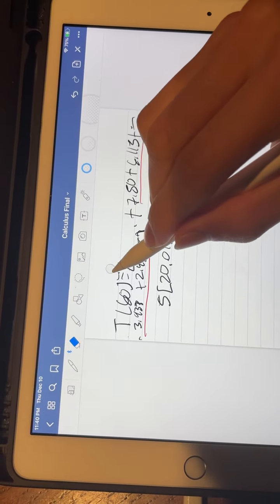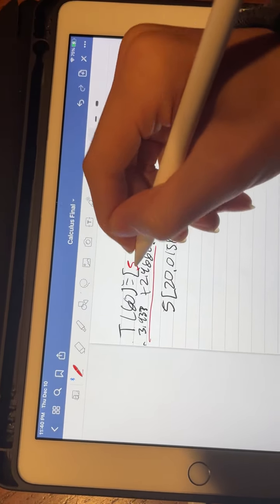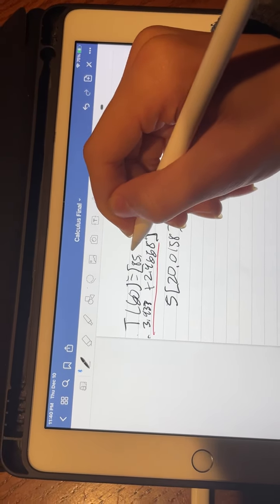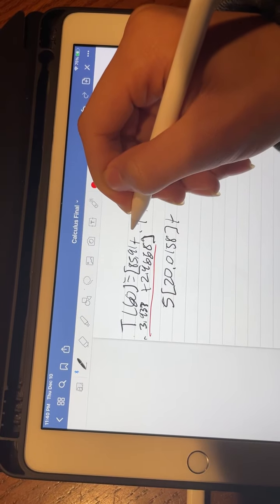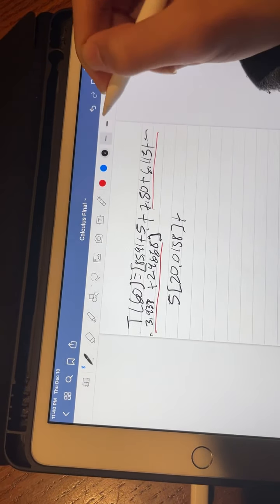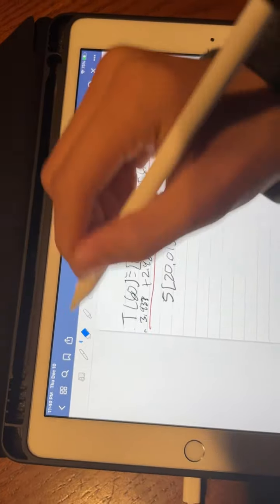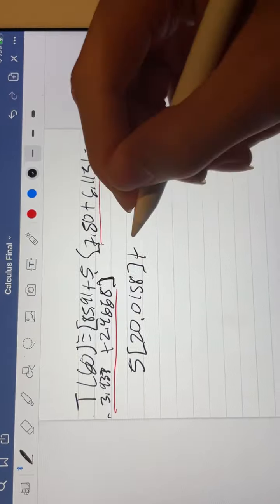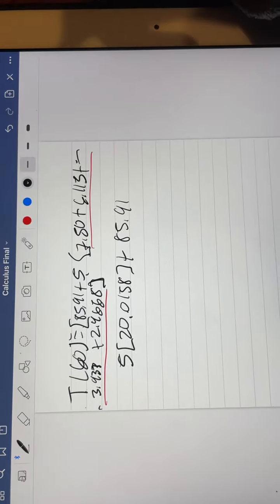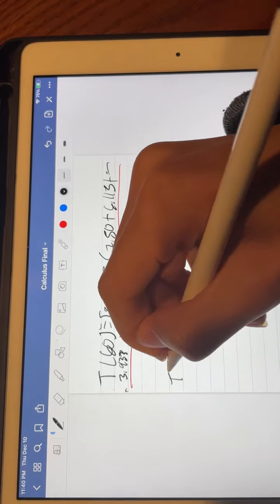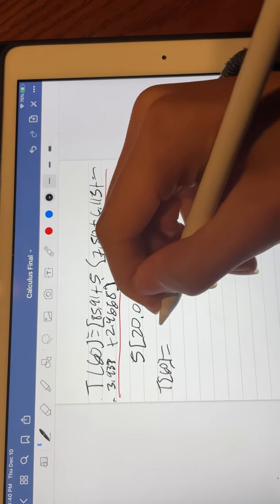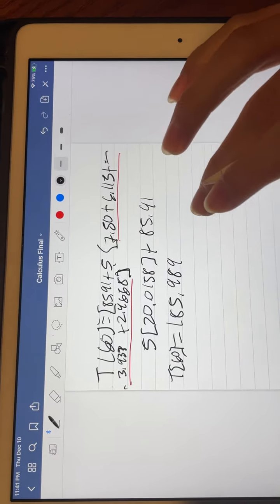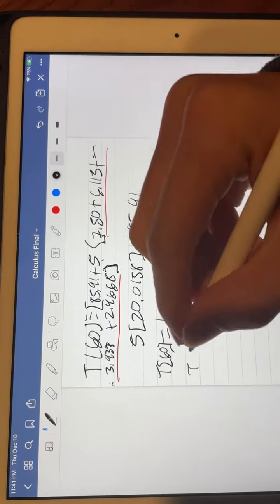So it'll be 85.91 plus 5 times all these guys. That way we just made it easier for ourselves. So then that'll be plus 85.91, which will get you to T60, which would be 185.989. All right. So then you have T80.